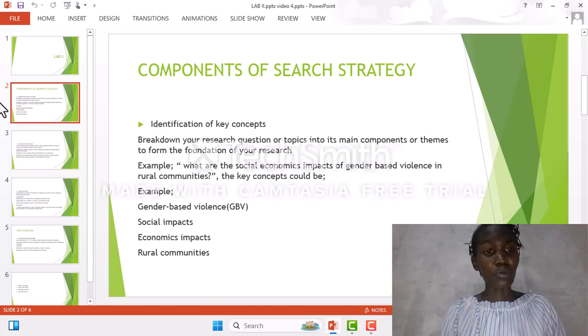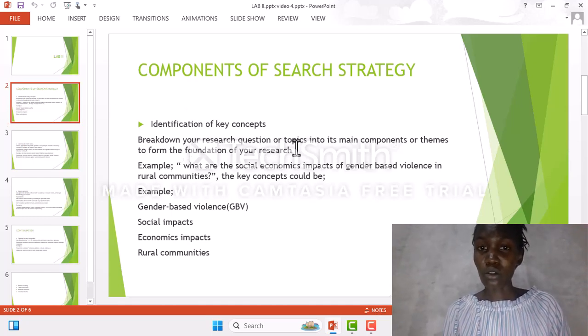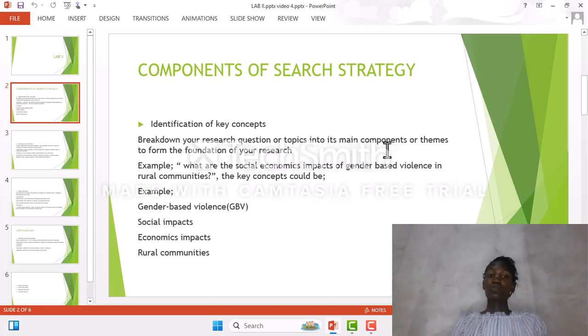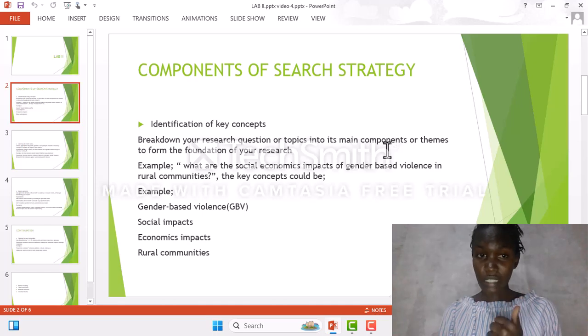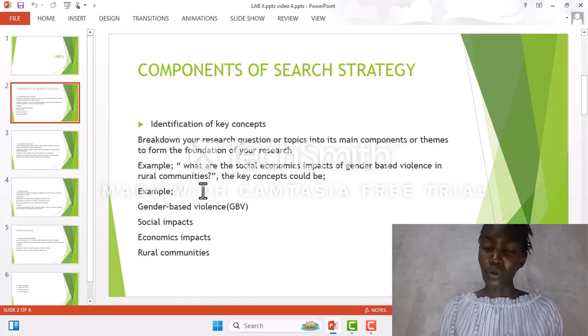It's telling us to break down your research questions or topics into its main components or themes to form the foundation of your search. For example, what are the socio-economic impacts of gender-based violence, GBV, in rural communities?